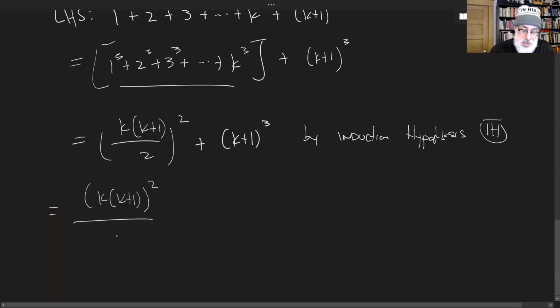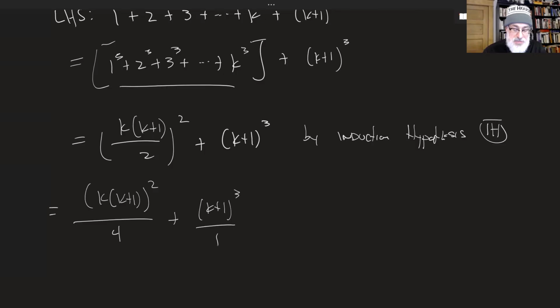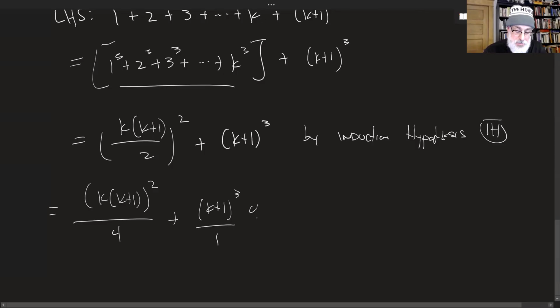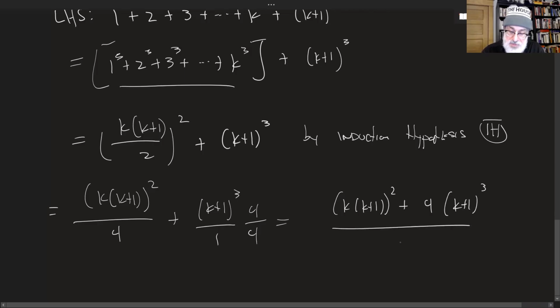And so 2 squared would be 4. On the right-hand side, that's a fraction over 1. Now, if I want to add these, I have to get like terms. So that means I'm going to multiply the right-hand side by 4 over 4, which will give us (k plus 1) squared plus 4(k plus 1) cubed, divided by 4.